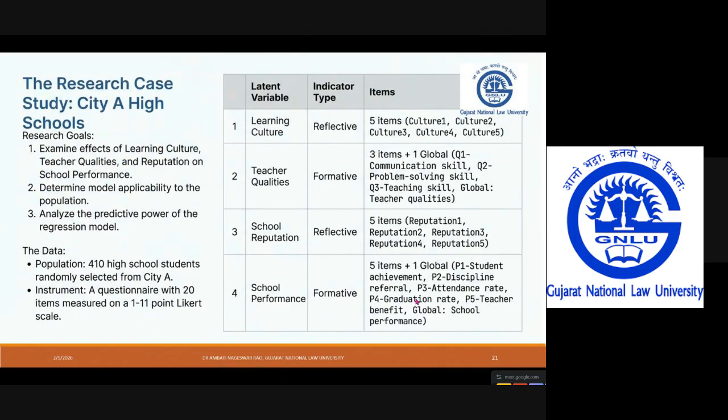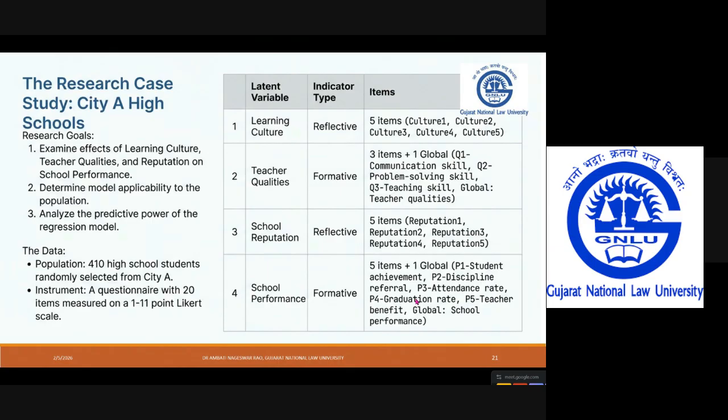So we have a case study first. Instead of simply talking about the theoretical part, let's have some case study, some hands-on practice. As a researcher, by looking at existing literature and existing theories, we brought certain constructs. I just want to examine the effect of learning culture.